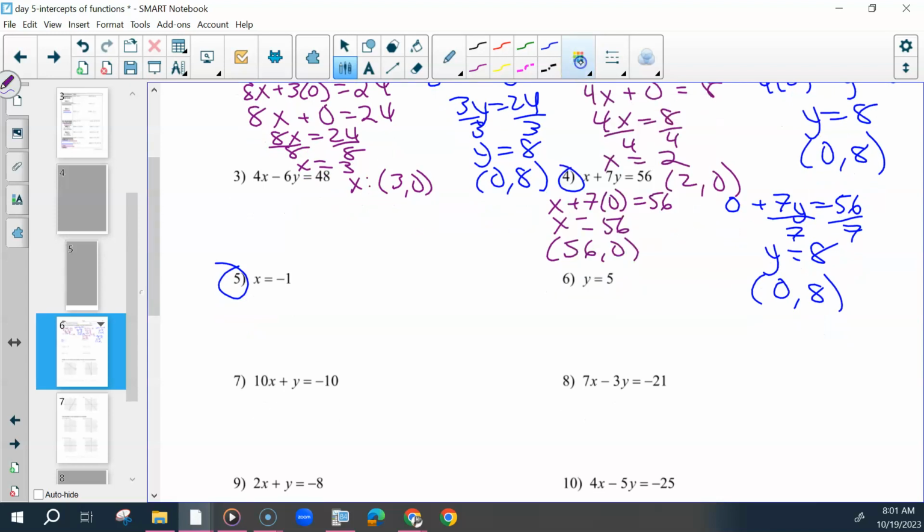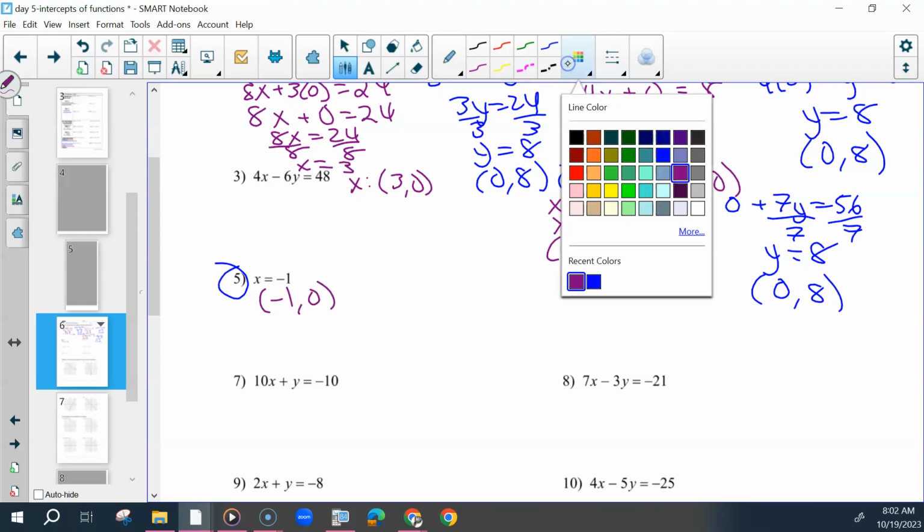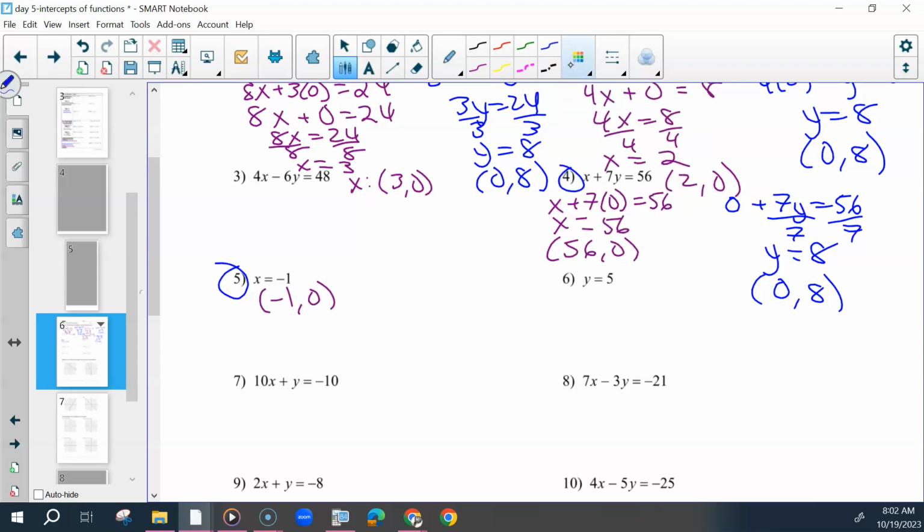For problems that look like this, 5 and 6, it's giving you the x-intercept. That is your x-intercept, so that would be negative 1, 0. Now for your y-intercept, if this is an x equals, this is a vertical line. So I'm going to draw a graph really quickly just to show you what this would look like.